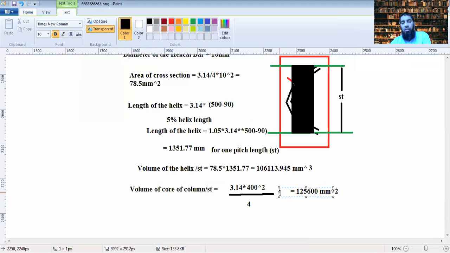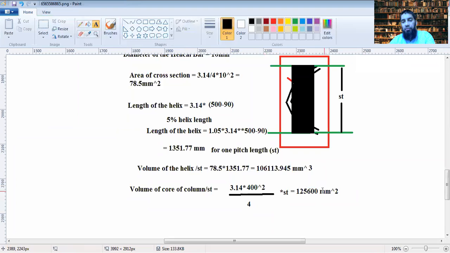Yes, you have to now multiply it by St, which is the length or the pitch.